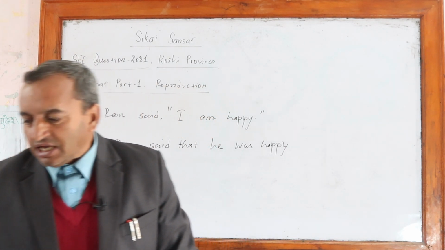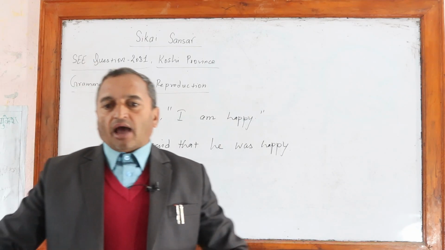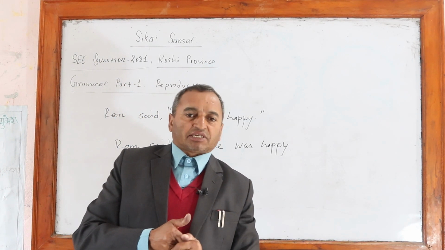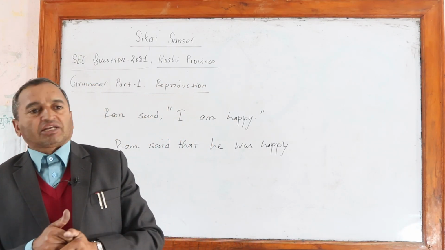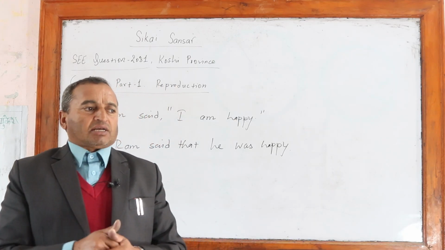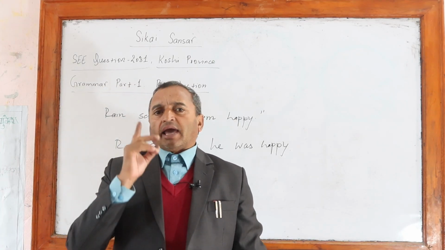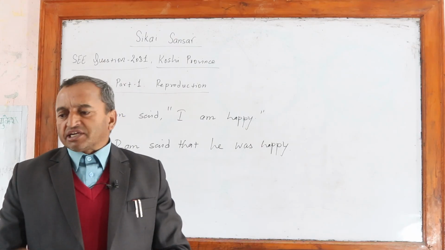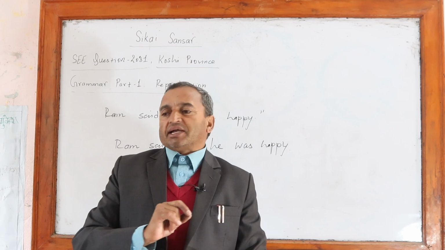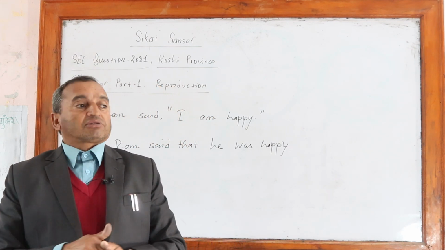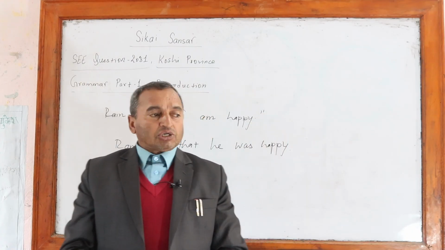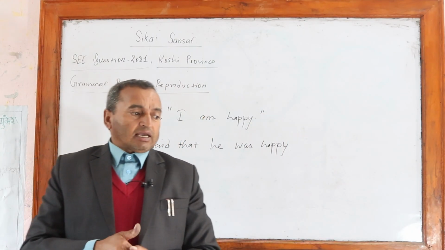My dear students, today I hope to give some information about the SEE question set of 2081 that was asked in Koshi province, mainly the reproduction part, the first part of grammar, which is asked for 6 marks. It is very important because these are guaranteed marks: when you can change according to the direction, you can get 6 marks, and it will be very beneficial to raise your grade.